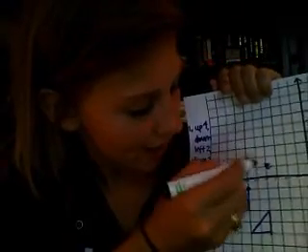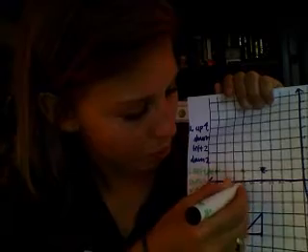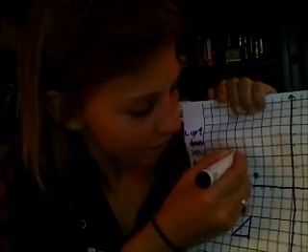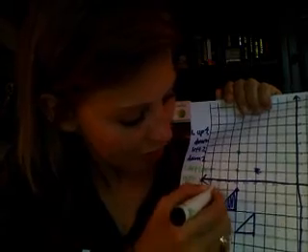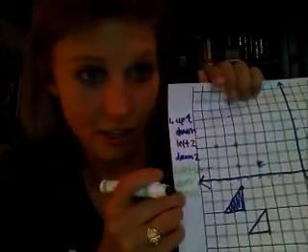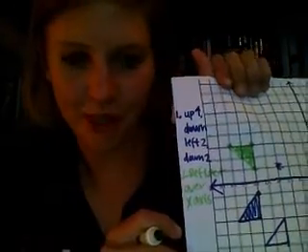If we're reflecting over the line, then I know this point is 1 away from the x-axis. I know this one is 1, 2, 3. And this last one is 1, 2, 3 also. Then I connect the points of my triangle, color it in, and I have my second movement.